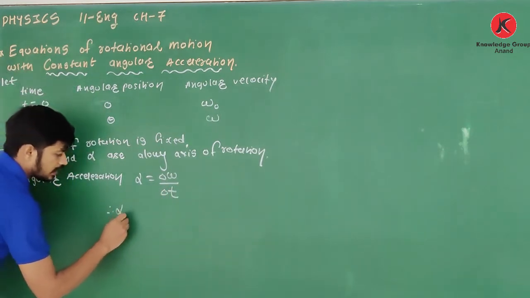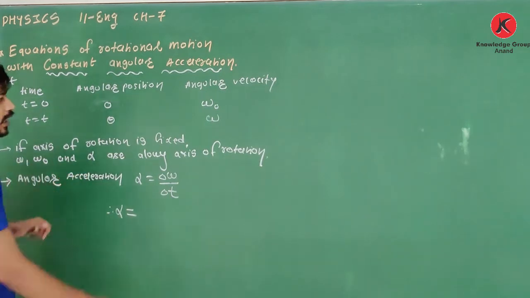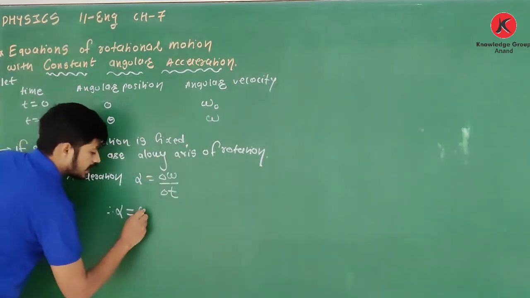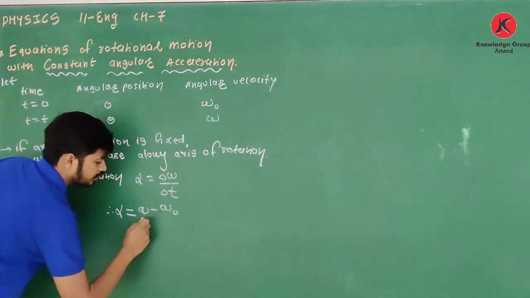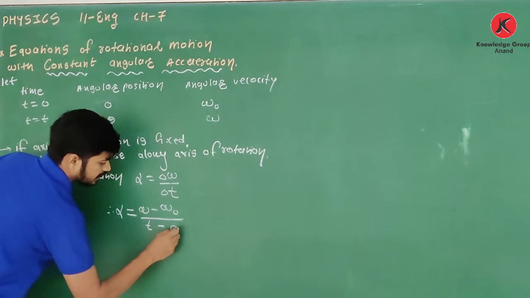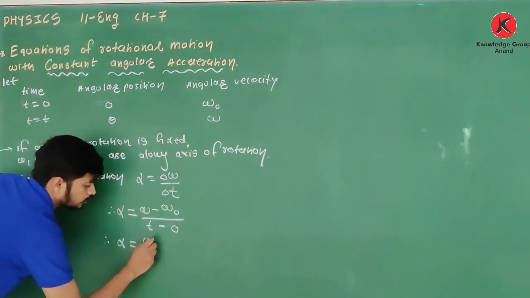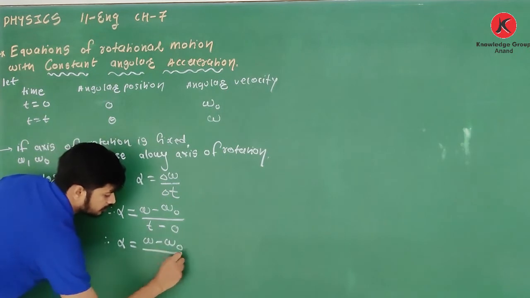So alpha is equal to change in angular velocity, final angular velocity omega minus initial angular velocity omega 0, divided by t minus 0. So alpha is equal to omega minus omega 0 upon t.